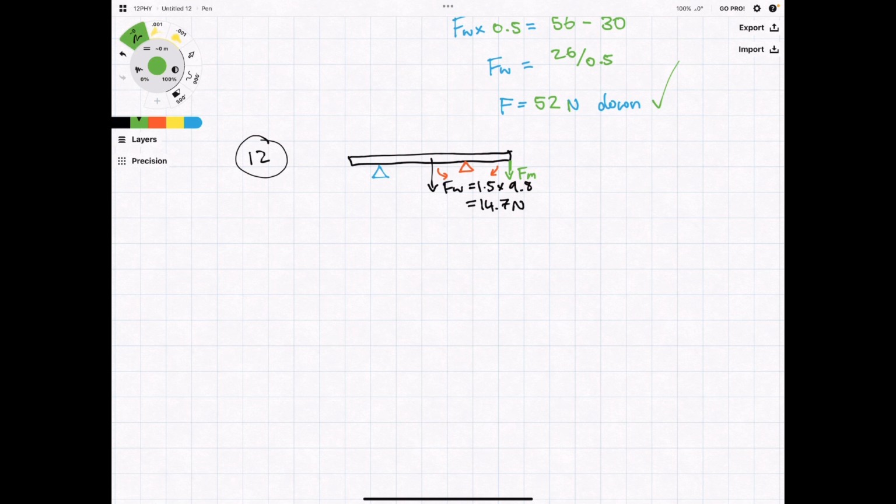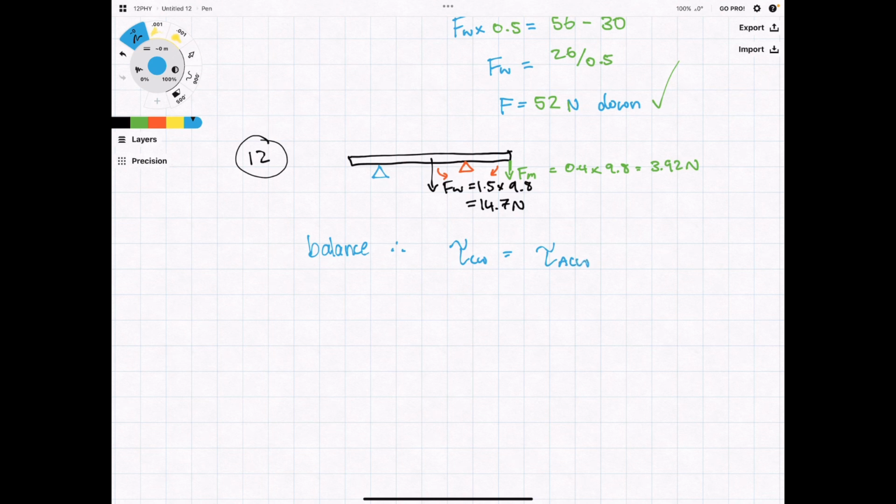Okay, so this mass force equals 0.4 times 9.8. We can pre-calculate that to make life easier, 3.92. Okay, now we want to balance it, right? We want to balance it. Balance, therefore, torque clockwise equals torque anti-clockwise. All right, hopefully that's getting familiar to you guys.